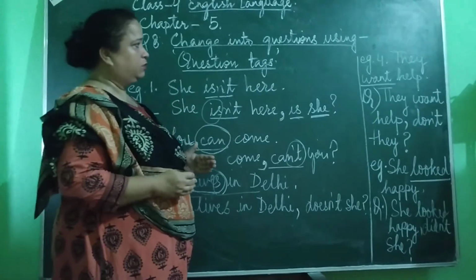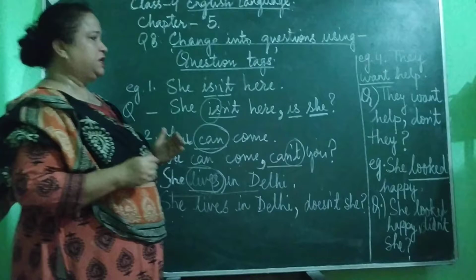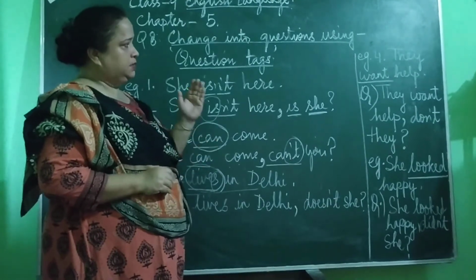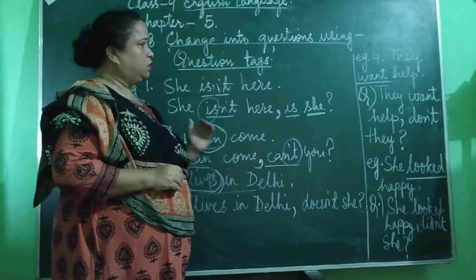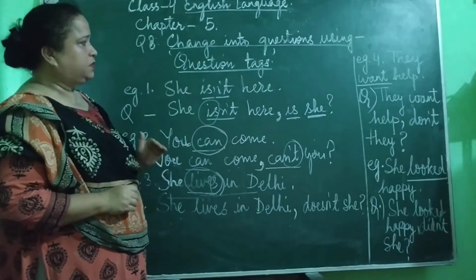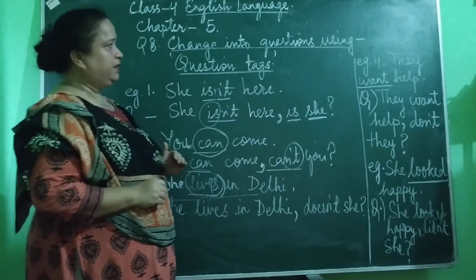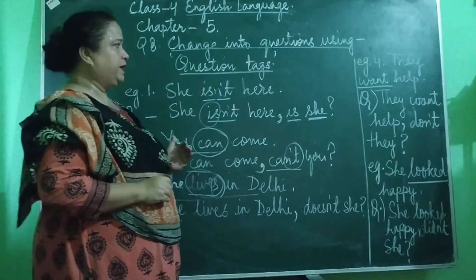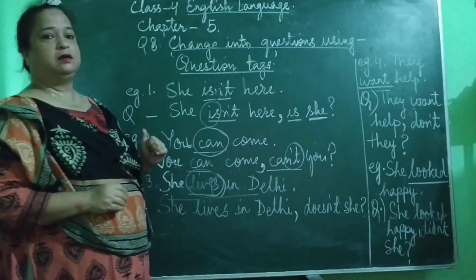I copy it down as it is, they want help, and the full stop changes into a question mark. Since the verb was in the base form, I use do, and I use the short form of not. So it becomes don't, and then I use they. So what's my answer? They want help, don't they, question mark.